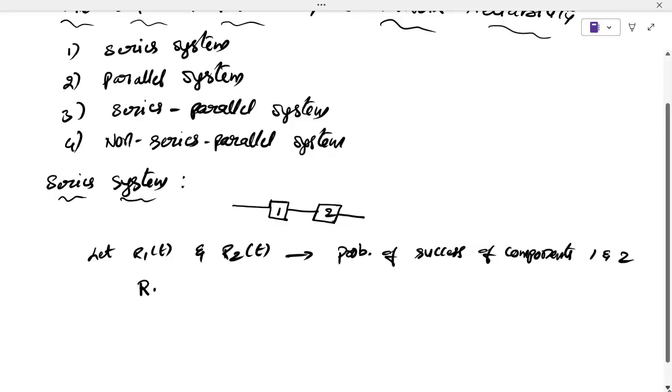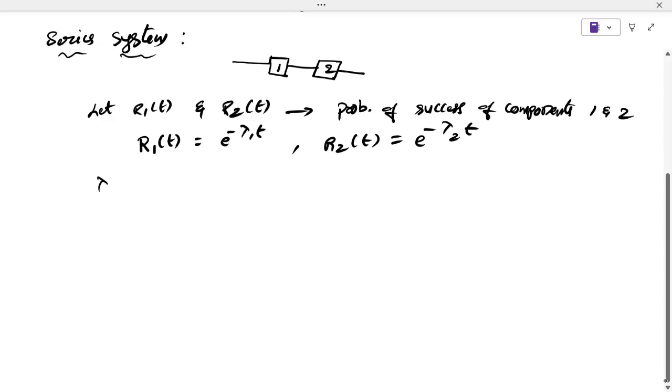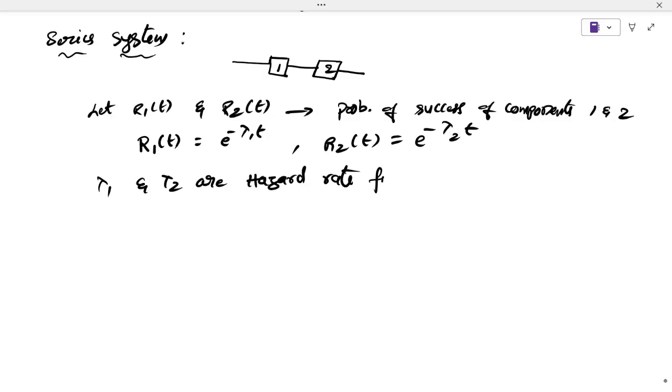R1 of t is equal to e power minus lambda 1 t, and R2 of t is equal to e power minus lambda 2 t, where lambda 1 and lambda 2 are the hazard rate constants.